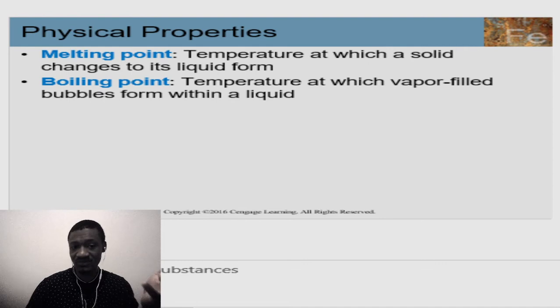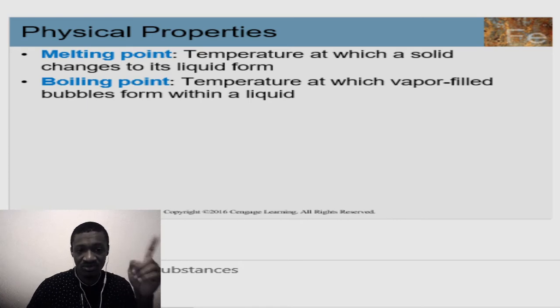The physical properties are your melting point and boiling point. The melting point, for example, is the temperature where the solid changes to a liquid. The word to melt means that something was solid and all of a sudden it's melting.